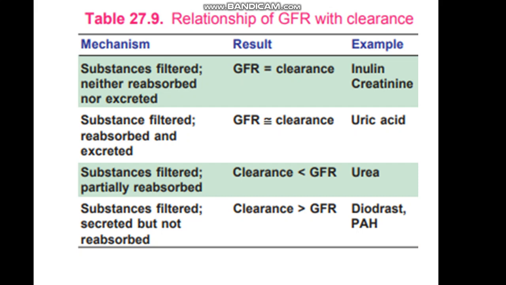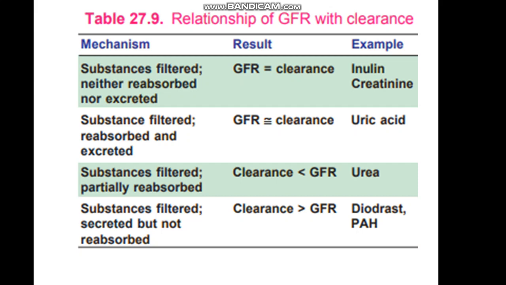Clearance is defined as the volume of blood or plasma completely cleared of a substance per unit time and is expressed as ml per minute. Again I repeat, clearance is defined as the volume of blood or plasma completely cleared of a substance per unit time and is expressed as ml of plasma per minute.